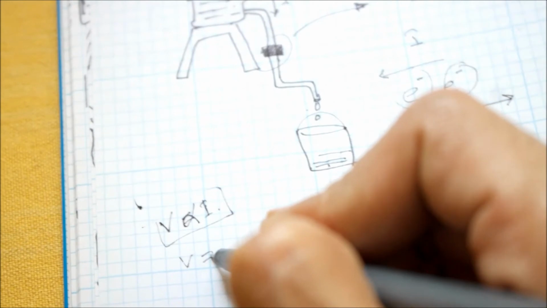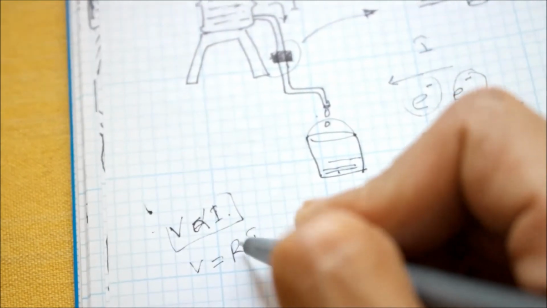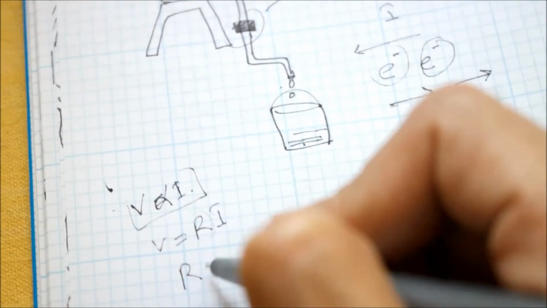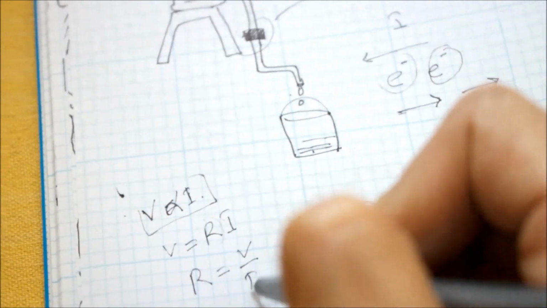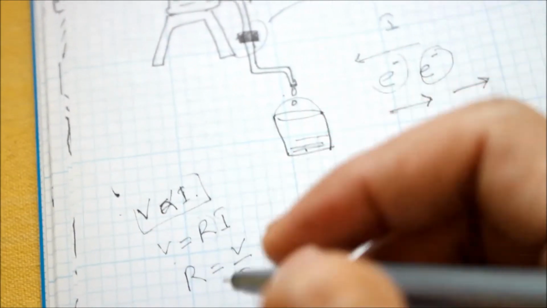And if we equate it, there is a factor which gets multiplied to it, and that's called resistor. So resistor is V by I, cross multiplication.